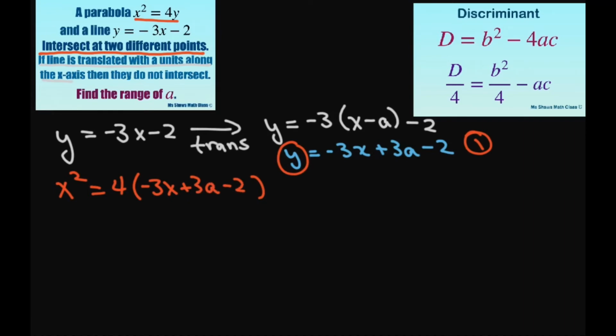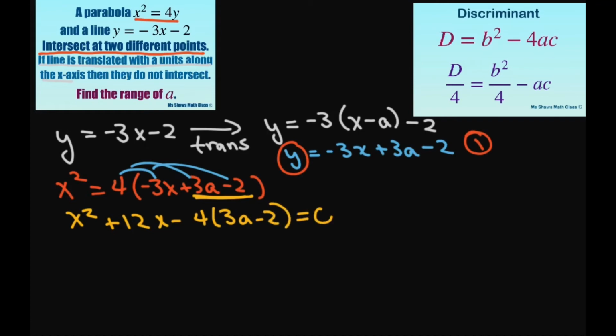Now if you distribute this and move everything over to the left-hand side of the equation, we get x squared plus 12x minus 4 times the constant, which is 3a minus 2, equals 0.